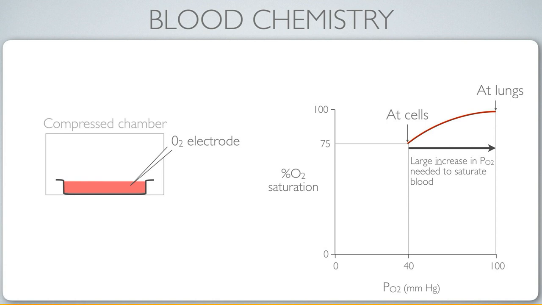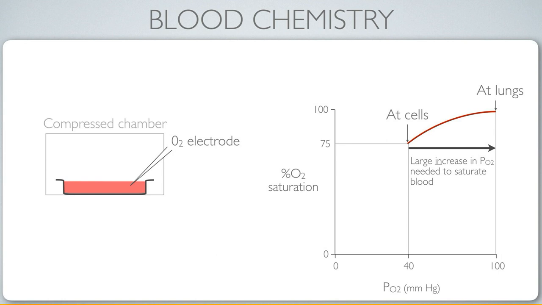Now, even though I just told you that the cells commonly have a partial pressure of 40 millimeters of mercury, it is possible when you're really active for the cells to achieve a much lower partial pressure, much less than 40 millimeters of mercury. This would especially be common under intense exercise.